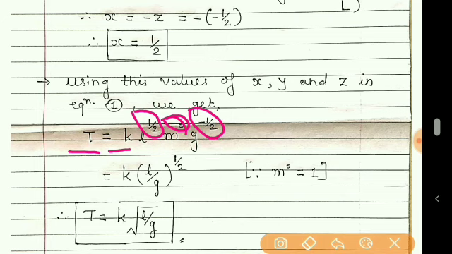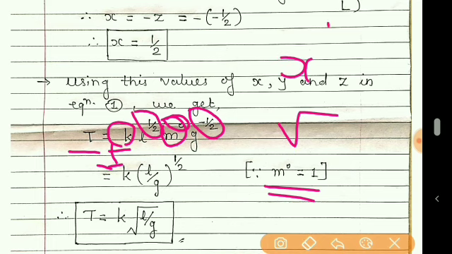Now M raised to 0 means it is 1 only, so we will not write anything for that. K as it is, and anything raised to 1 by 2 means it is root. If x raised to 1 by 2 is there, then it is root of x.